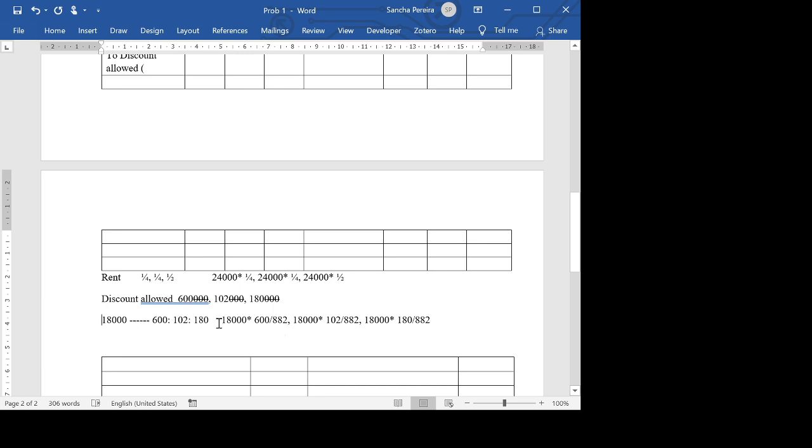600 is to 102 is to 180. So 18,000 into 600 divided by 882. How did I get 882? 600 plus these two numbers, 702, 882. Is that clear?